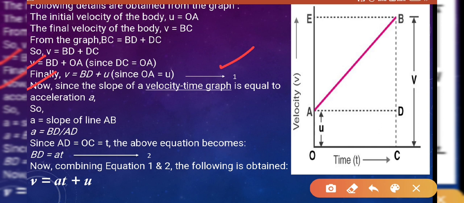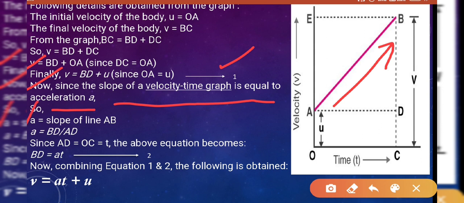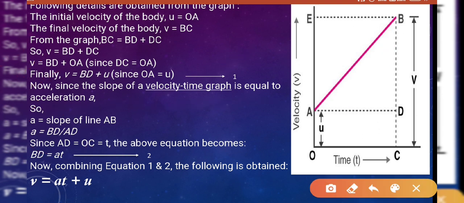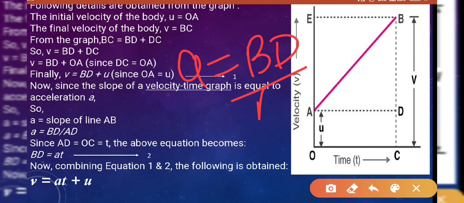Now students, this slope AB represents acceleration. The slope of a velocity time graph is equal to acceleration. a is equal to the slope of line AB. If we have to find the acceleration, then we simply calculate this slope. a will come out BD upon AD.